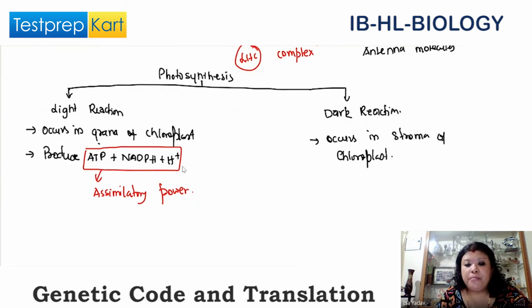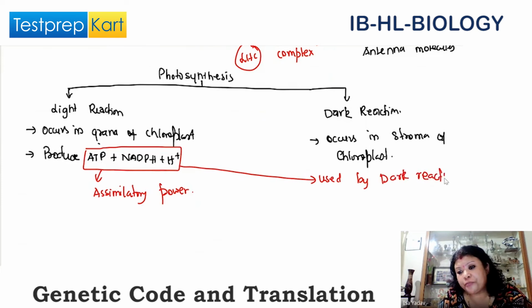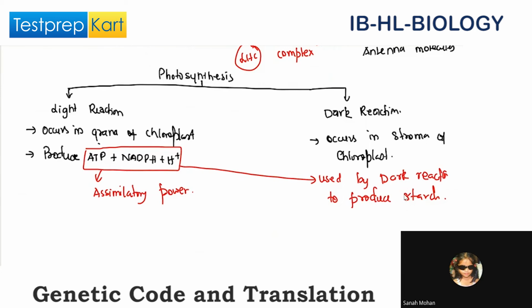This assimilatory power is used by dark reaction to produce starch. Okay, see the points.